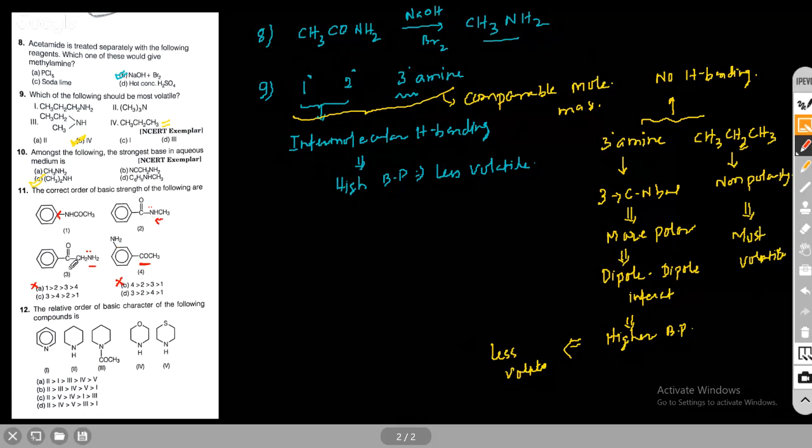2 and 3, if you compare, this nitrogen will not have any electron withdrawing group attached with it. So obviously third one will have more. Okay, 2 and 4 if you have to compare. If you compare 2 and 4, then what happens? Here we have electron withdrawing group on this. This is also electron withdrawing. This is also electron withdrawing. But this one you see, one is electron releasing, another one is electron withdrawing, right? So second one will be more basic than fourth one.